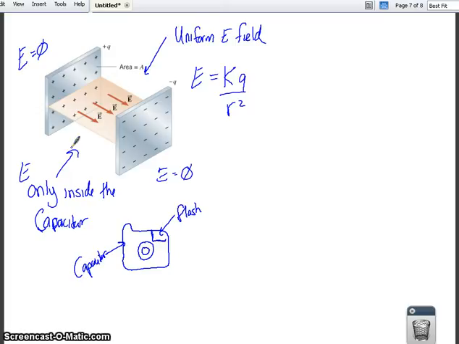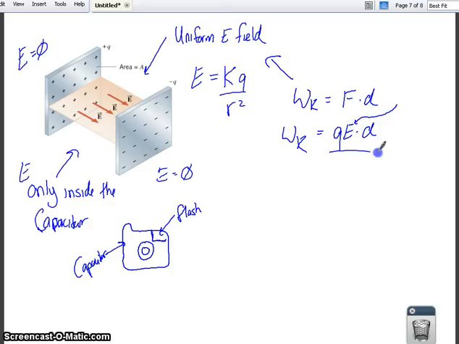Okay, and I'm just going to go over this one more time. I went over this in my last video, but when we have a uniform electric field, we can calculate the work done. We know that work is equal to force times distance, and force is equal to Q times E, so W equals Q times E times D, and we can use this equation because E is in a uniform electric field.